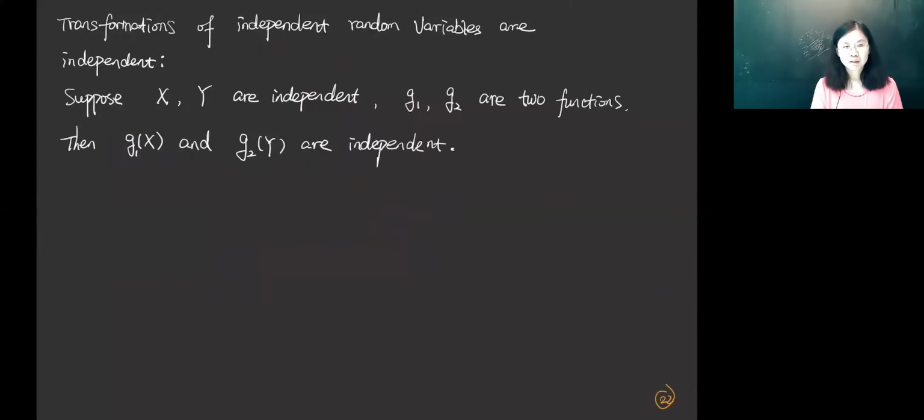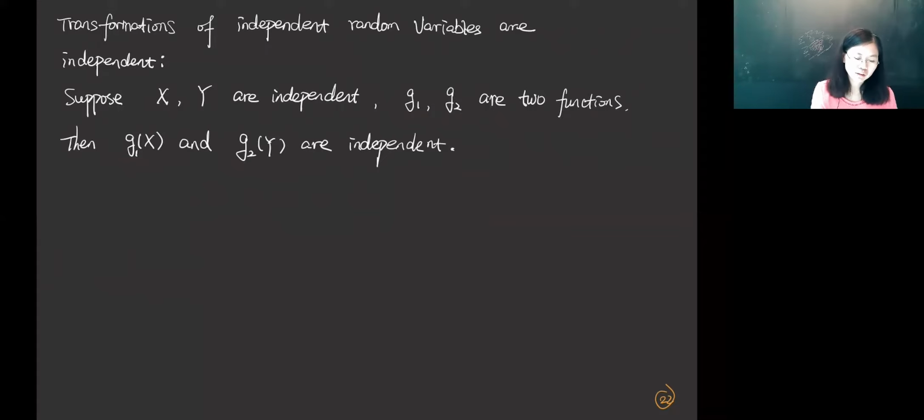Statistical independence between variables is a very strong independence concept. It has strong implications. For example, if x and y are independent, and g1, g2 are two deterministic functions, then g1 of x and g2 of y are independent.